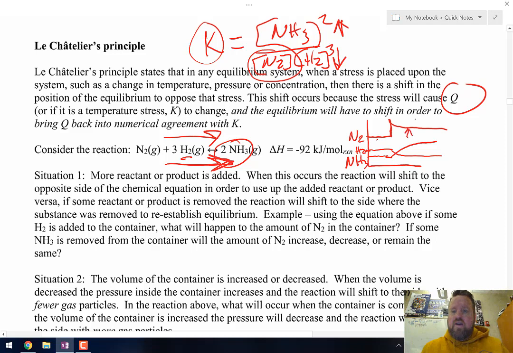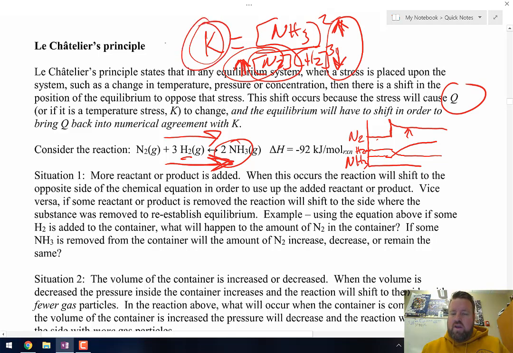It's still higher than where it started. So even though ammonia goes up a little bit and hydrogen goes down a little bit, nitrogen also overall is still going up, even though it's going to drop a little bit from adding it. Now, what that does is that basically cancels out those two, and so the equilibrium constant does not change.